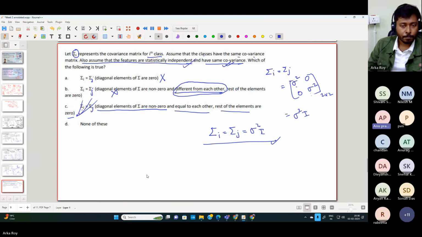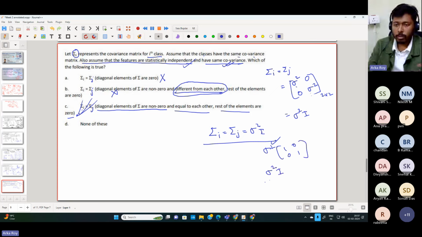If it is given sigma I equal to sigma j, and if it is an identity matrix, then everything is to be 1, right? Yes, if it is sigma square and sigma square, you can write it as sigma square times the identity matrix I. You can think of it as a scalar of 1, so the final scalar value of this whole thing will be sigma square.